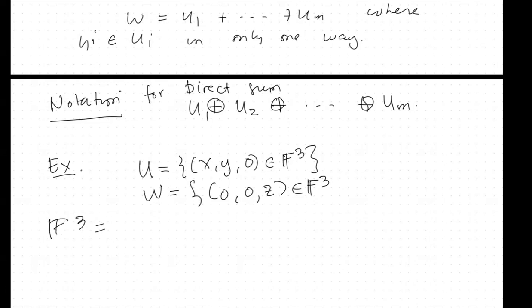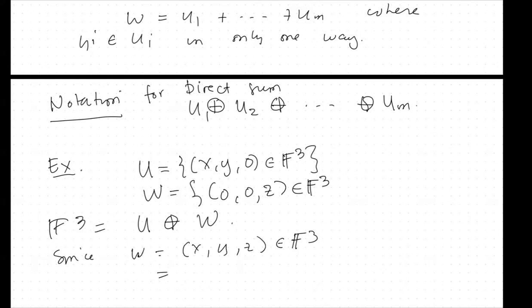Now, F^3 is just the direct sum of U and W, since w, which is (x, y, z) in F^3, can be written as (x, y, 0) plus (0, 0, z) uniquely, the first an element of U, the second an element of W. The uniqueness here follows.